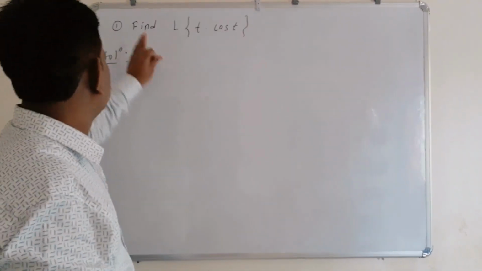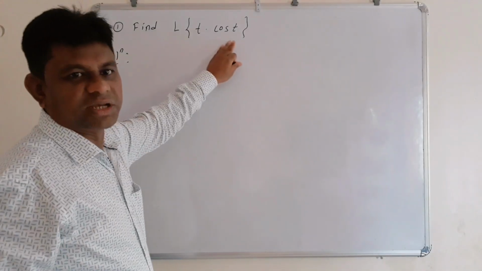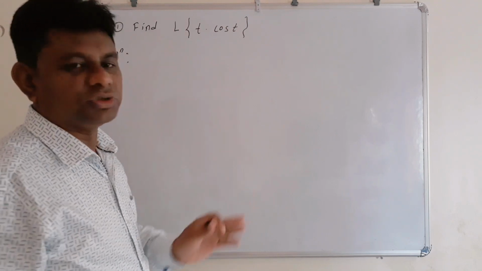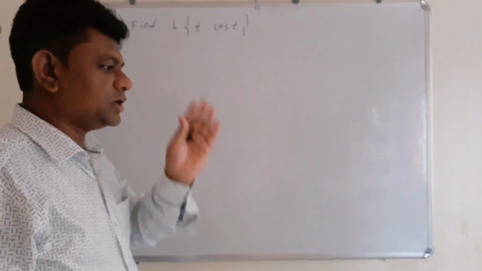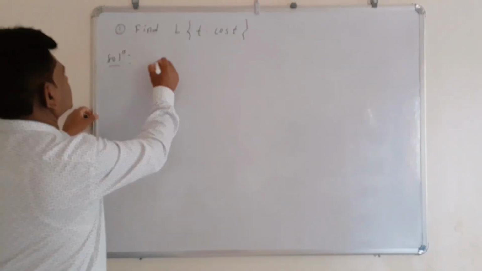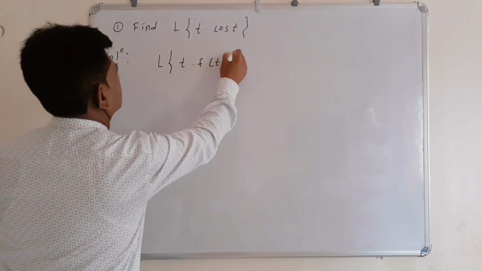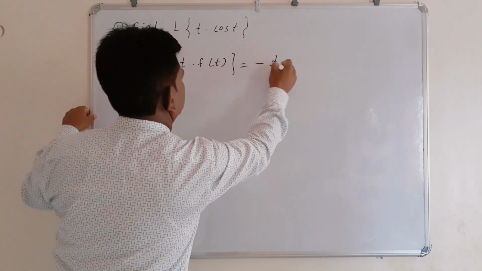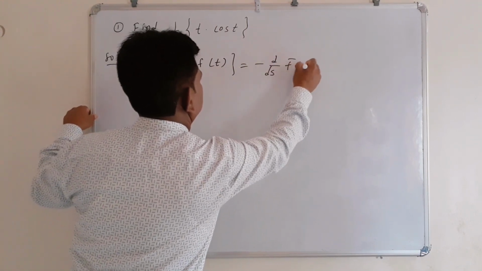Now we find Laplace transform of t times cos t. Its solution. In the previous property, we already proved that Laplace transform of t times f of t is equal to minus d by ds f bar s.